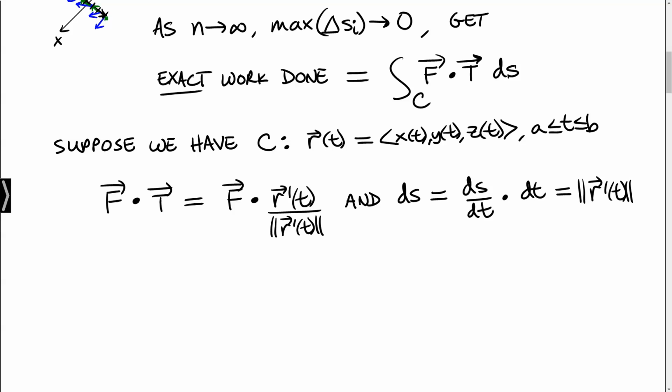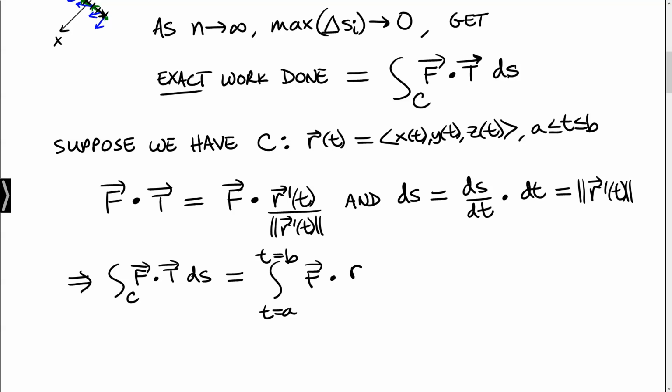Okay, so if we put everything together, this is going to tell us that the integral of f dotted with t ds is really equal to the integral from t equals a to b of f dotted with r prime of t normalized by its length, but then times ds, and ds ends up being this, sorry, there should be another dt over here.